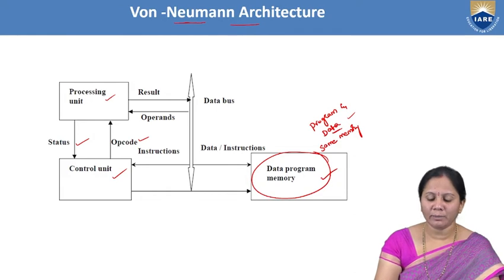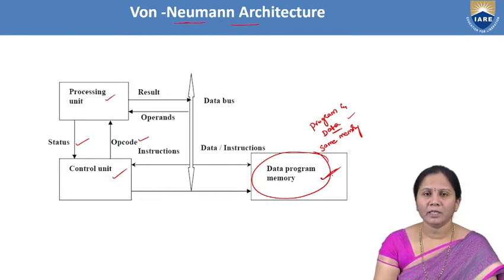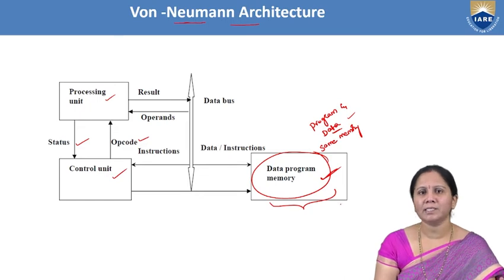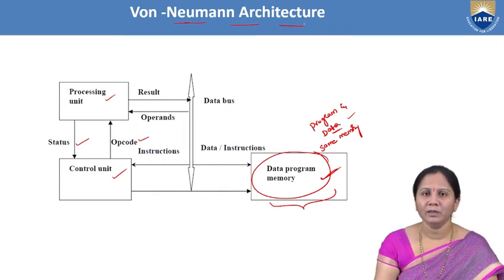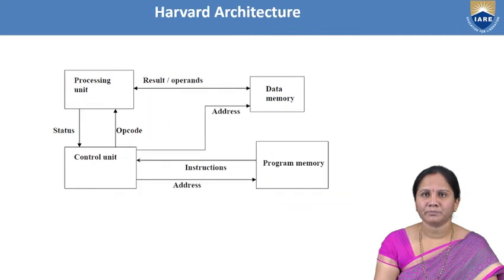So the program and the data both are present in the same memory. That is why generally if the processor wants to access program or data, it has to search in this entire memory because both are combined. That is why to access, the processor takes more amount of time.